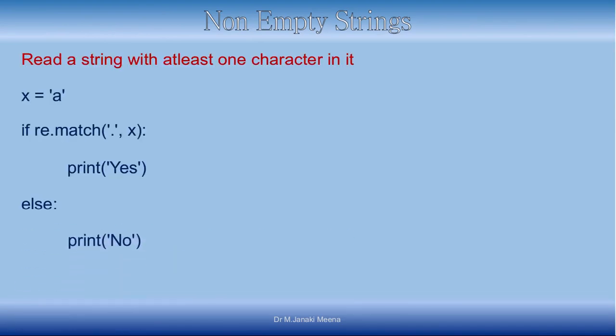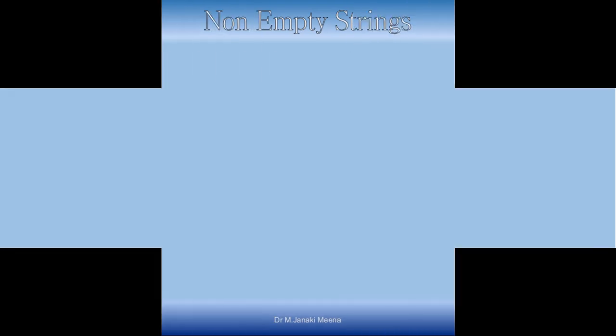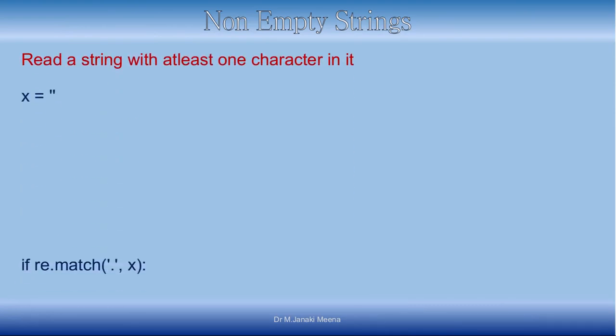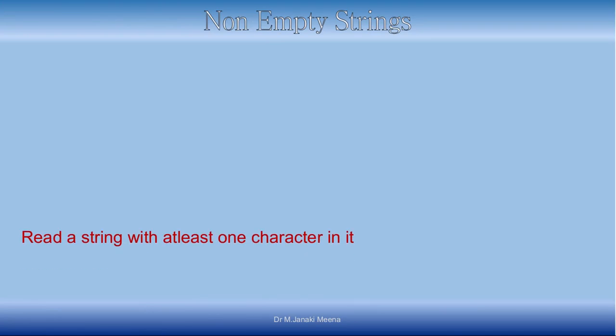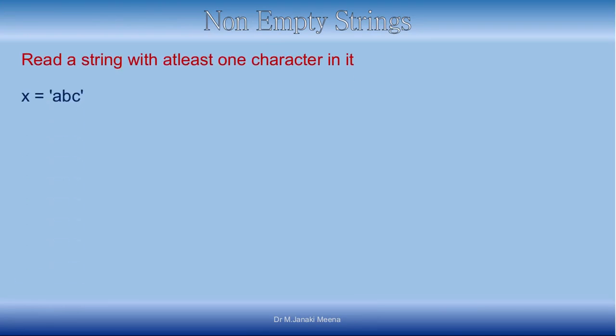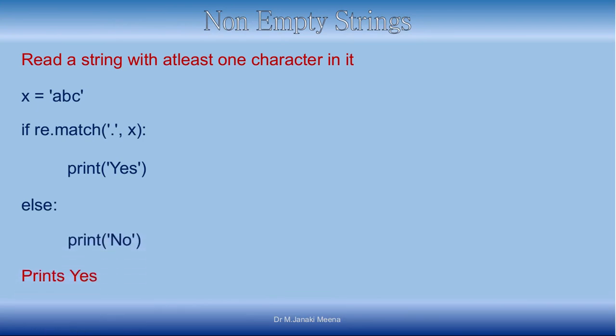Similarly, as we saw in the demo, when the empty string is given, the same code will print no, because there is no character to match. When you have more characters, the dot matches the first character, so it returns an object and prints yes. Returning an object means true.